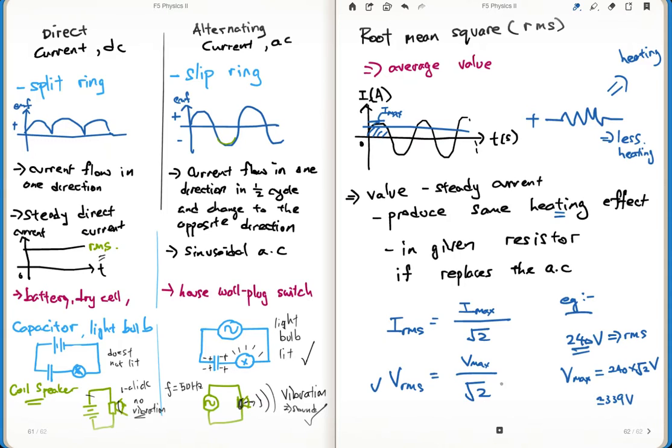I think this is all you need to know for AC and DC, alternating current and direct current. You get to learn more in depth on how you convert alternating current to direct current in the next chapter.